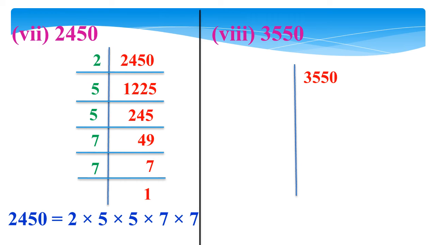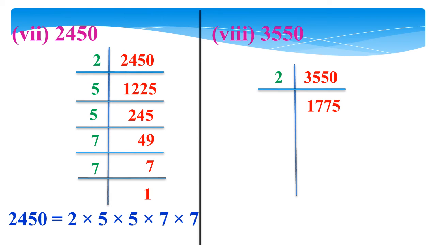Now we write 2 to the left of the number and 3550 divided by 2, we get 1775. Now it's an odd number and ends with 5.